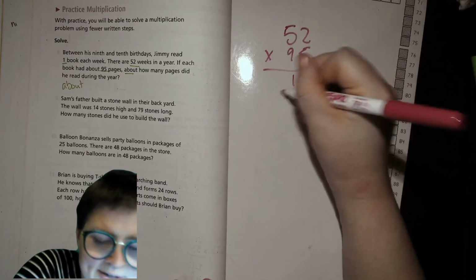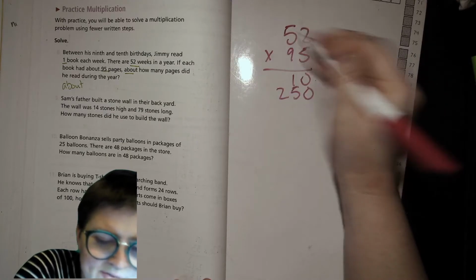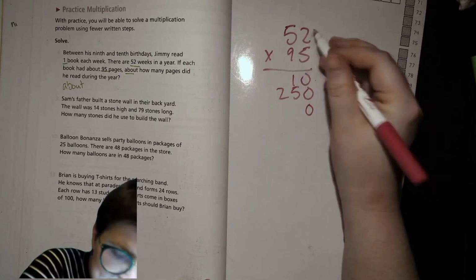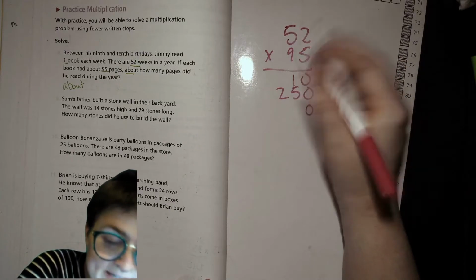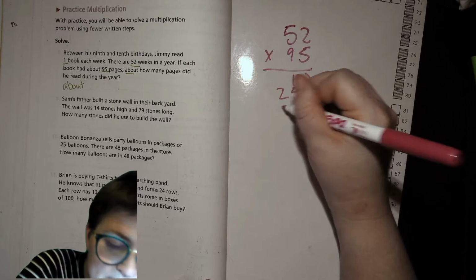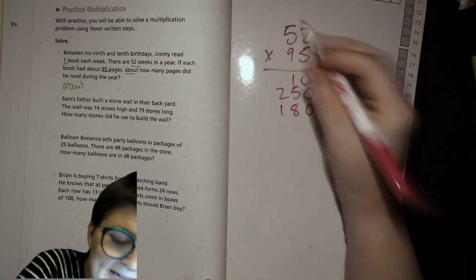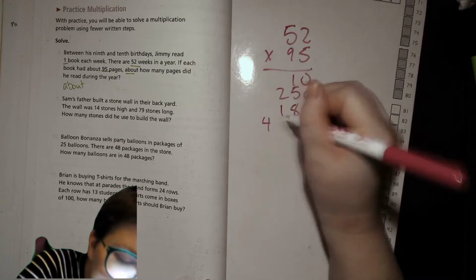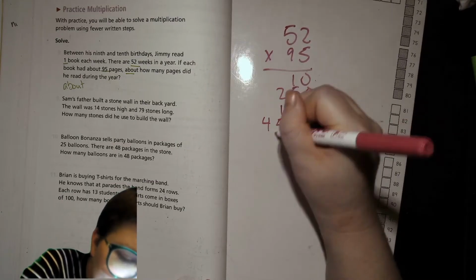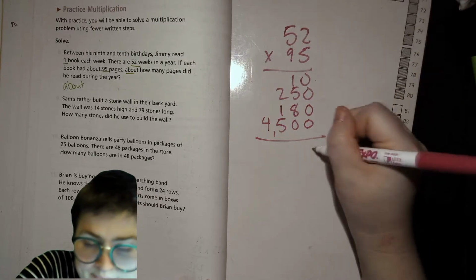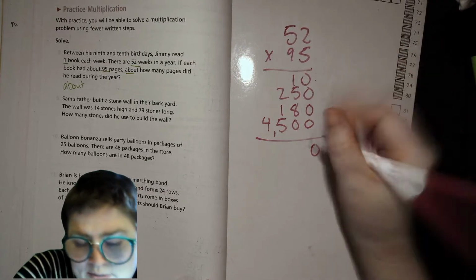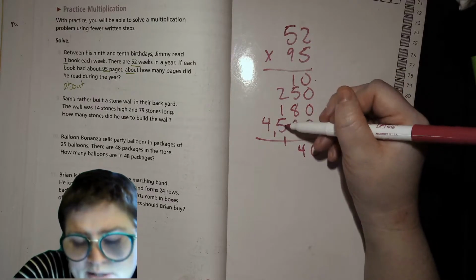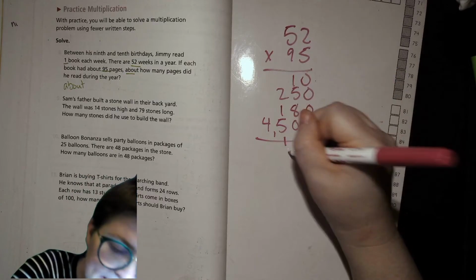250 for 5 times 50. And then in the tens place, 90 times 2 is 180. And 90 times 50 is 4,500. 2 plus 1 is 3, plus 5 is 8, plus 9.